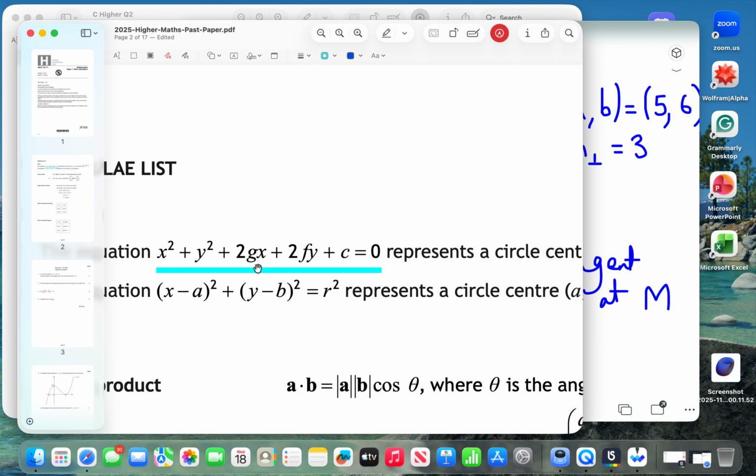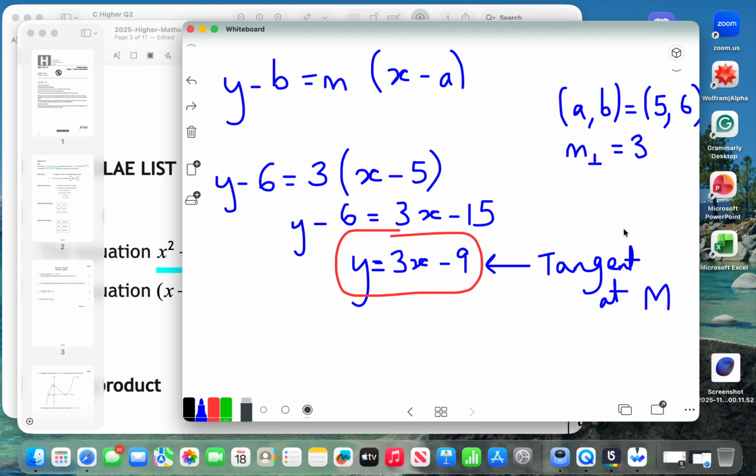You then have to rely on the fact that the gradients of 2 perpendicular straight lines multiply to make -1, unless one is horizontal and the other is vertical. And a lot of it is National 5 straight lines, but just in the context of tangents to circles. So it's not too bad a question.